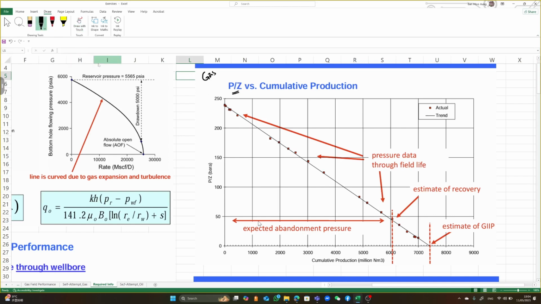Okay, and we can extrapolate this declining trend with a straight line, linear extrapolation, and the point where it intersects the cumulative production axis is our estimate of the gas initially in place.